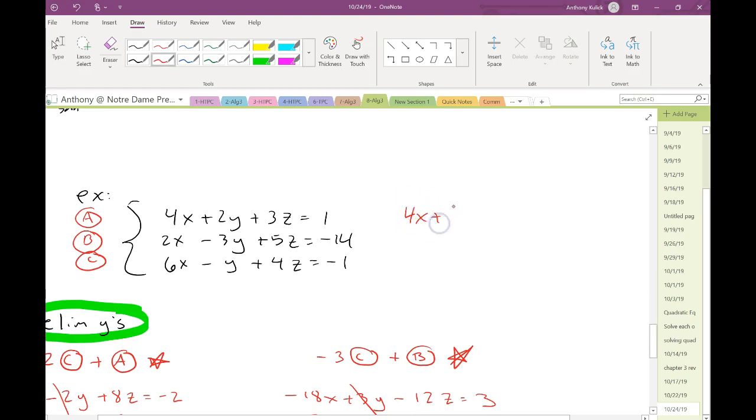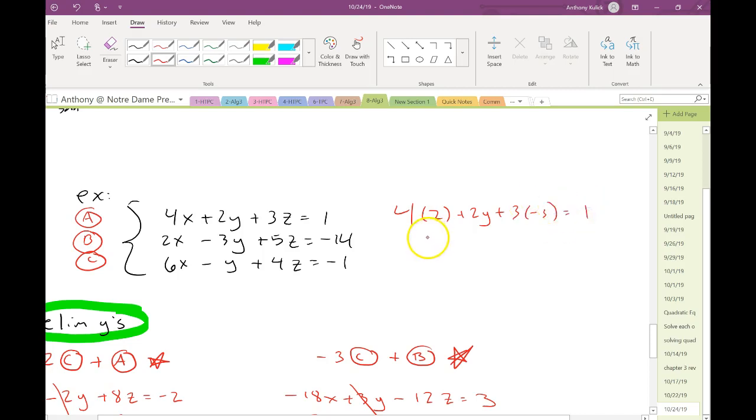Doesn't really matter. My answer for y was 1. My answer for... No, we don't have... We have answers for x and z, right? So, my answer for x was 2. My answer for z was -3.